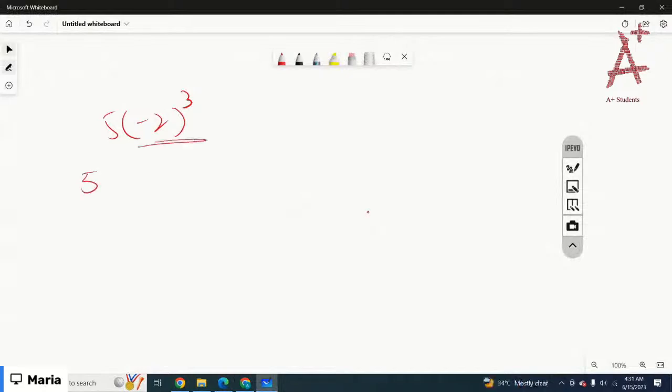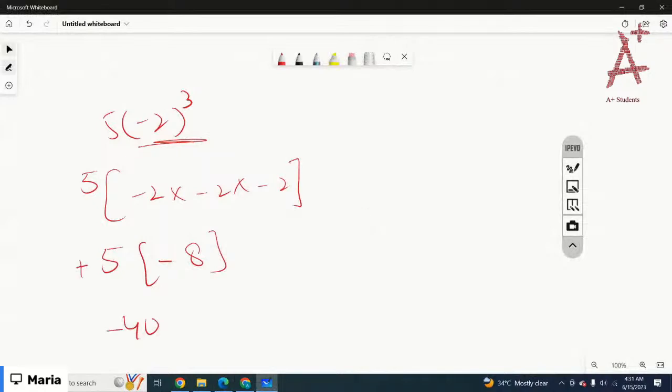Let's just solve this part only. So you have to do negative 2 times negative 2 times negative 2. Got it? So when a negative number has an odd power, the answer must be negative. 2 times 2 is 4 and 4 times 2 is 8. Got it? Now you have to do 8 times 5 is 40. 5 is positive, 8 is negative, so negative times positive, the answer must be negative. So it would be negative 40.